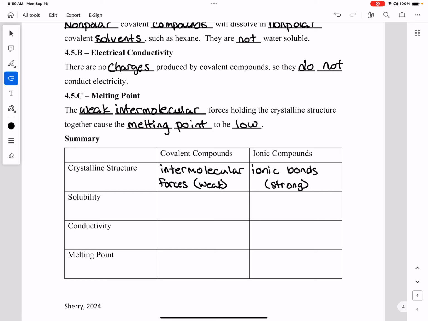For solubility, covalent compounds will have the two types: the polar compounds are soluble in water, and nonpolar are soluble in hexane. And so for ionic compounds, some will be soluble in water. If they're going to be soluble in anything, it will be in water, and none of them in hexane.